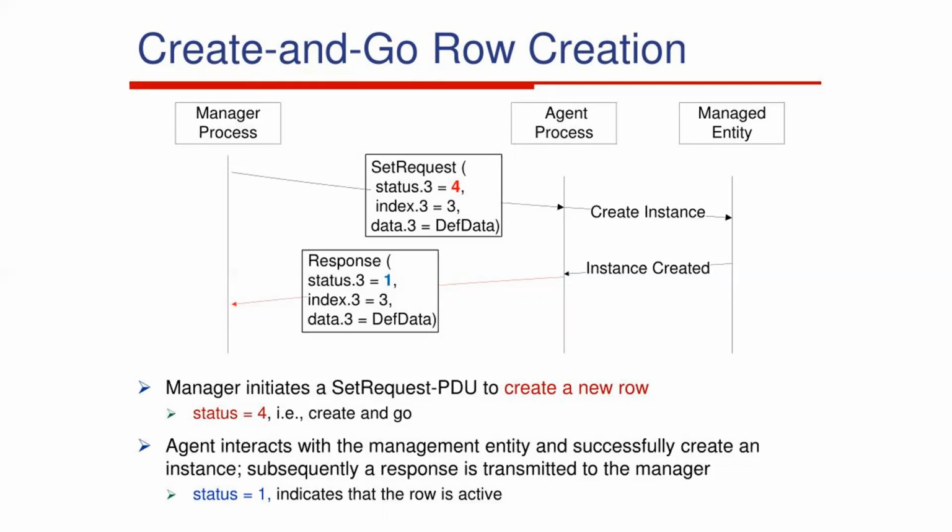This is suffixed for the 2 columnar objects in the new row to be created. The value of status is specified as 4, which is the create and go state as seen in the table. The set request message also specifies the default value definition data for data 3, and thus all the information needed to establish the same rows and columns.